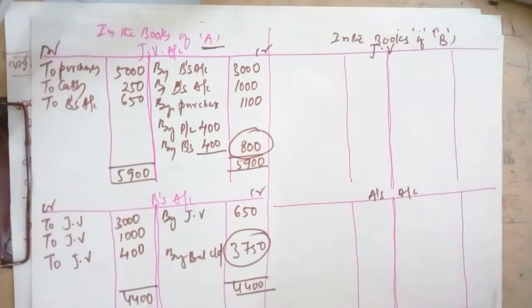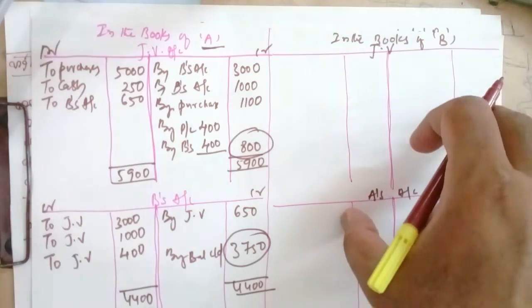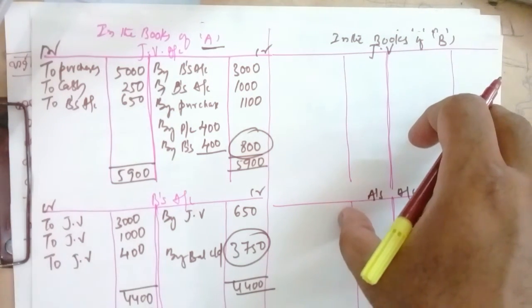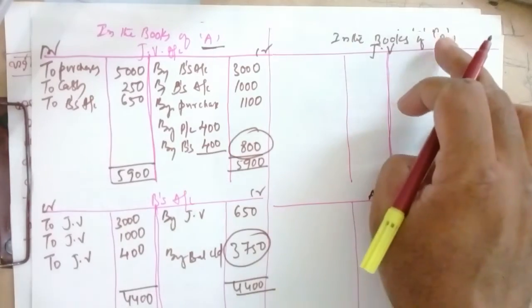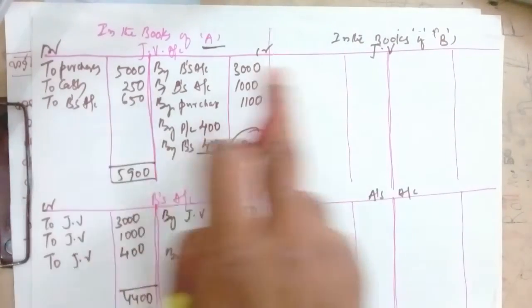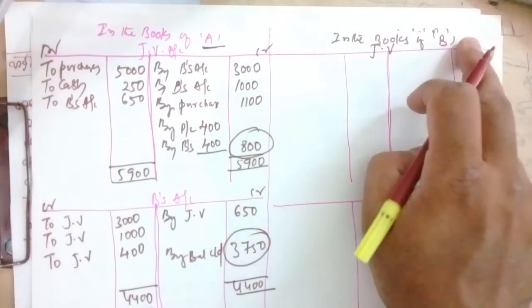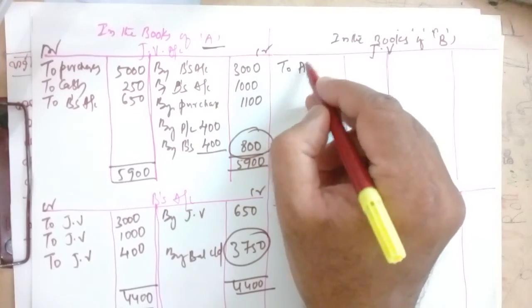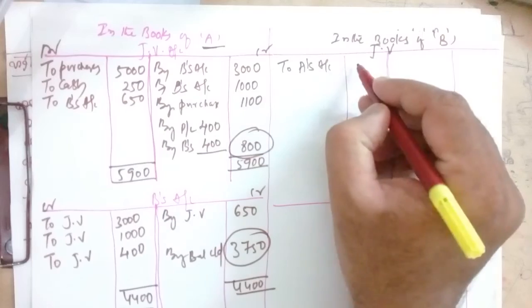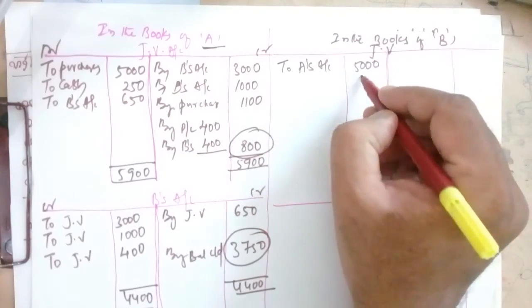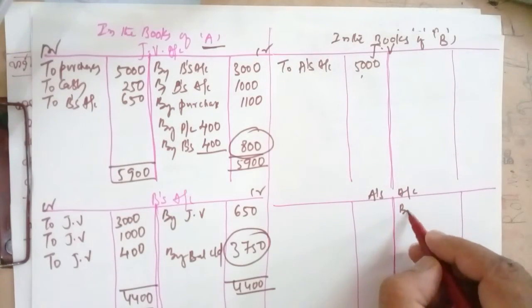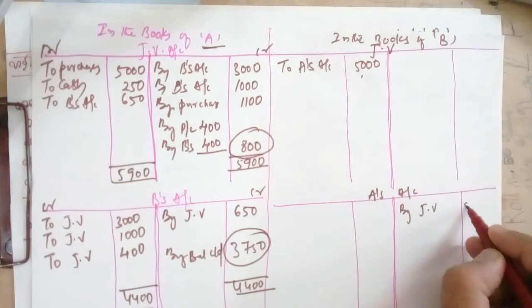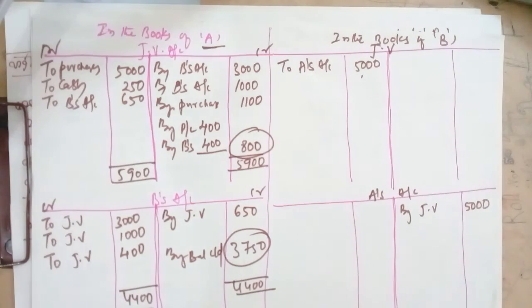The same transaction will be recorded with a different perspective, in the perspective of B. So when the joint venture started, A supplied the material. Now we are writing in the books of B. So what will we write? To A's account. How much? 5,000 is the agreed value. In A's account, what do we write? By joint venture 5,000. Clear?